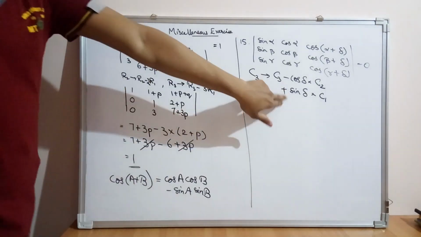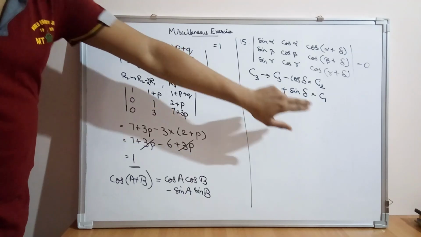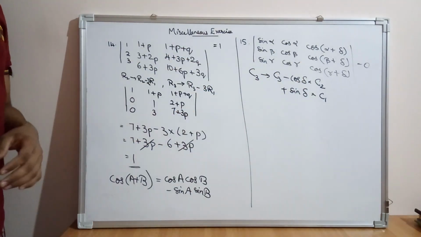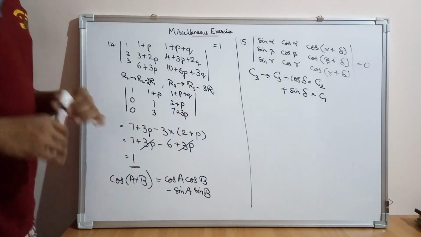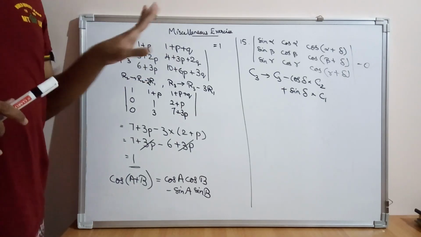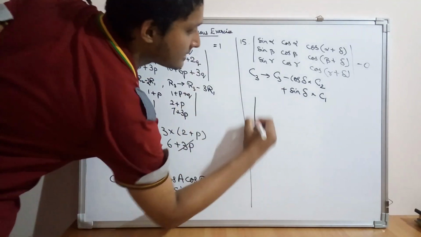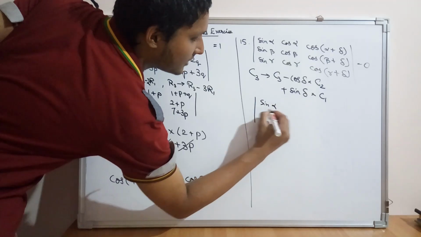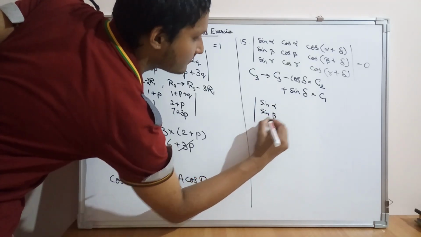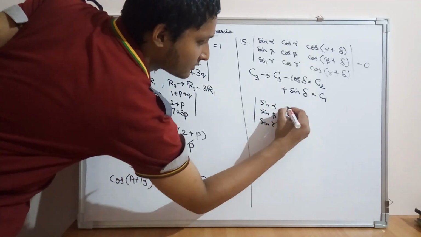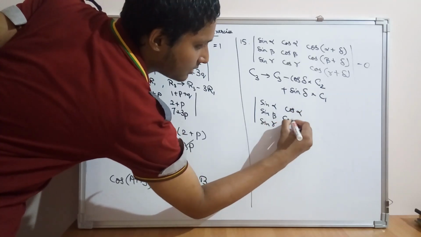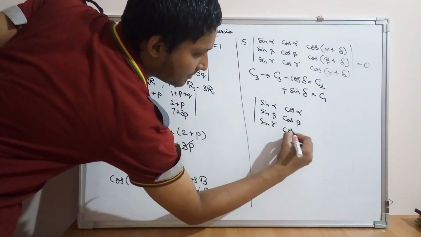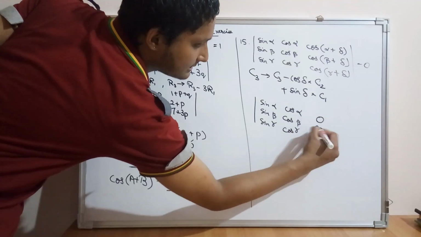If you add that C1 into sin delta, you're going to get like that. So I can directly write this. Since this is sin alpha, sin beta, sin gamma, cos alpha, cos beta, cos gamma, we are going to get 0, 0, 0.